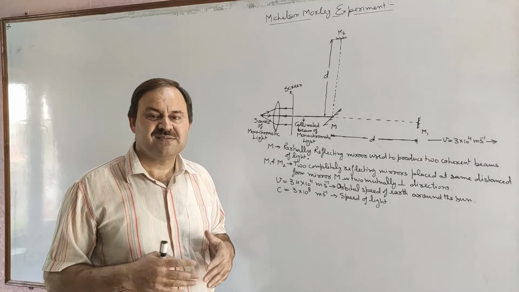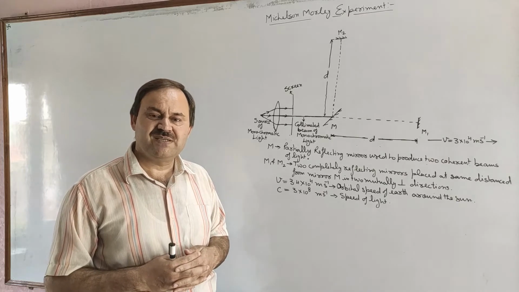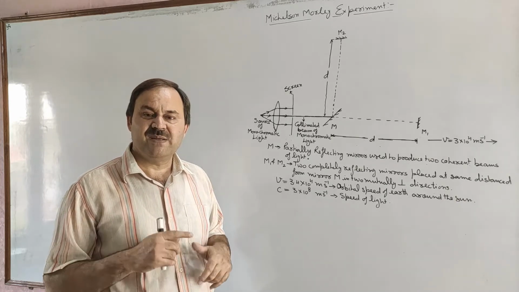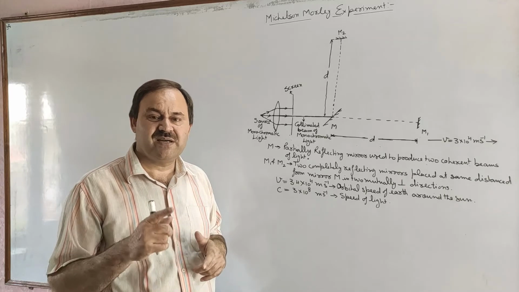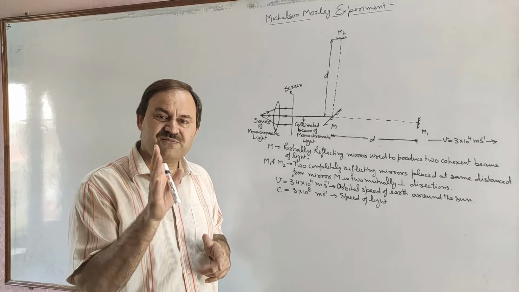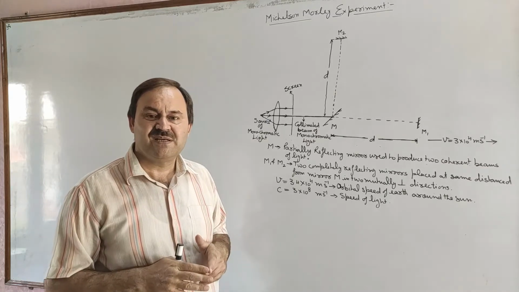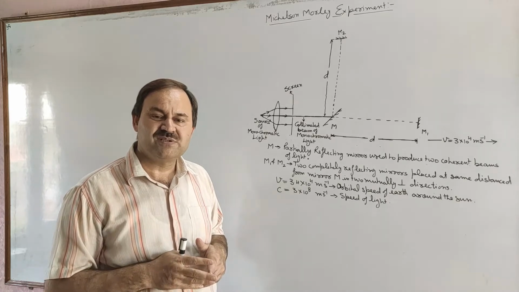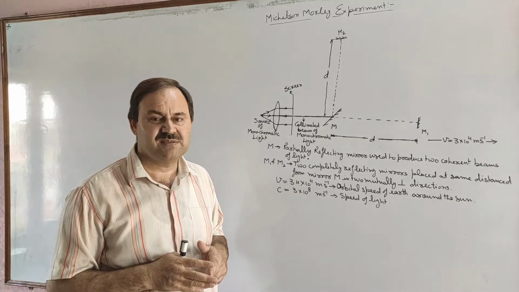Hi friends, in this video we will understand the Michelson-Morley experiment. In my previous video related to ether, I had told you that it was the most famous experiment in which scientists tried to prove the existence of ether.